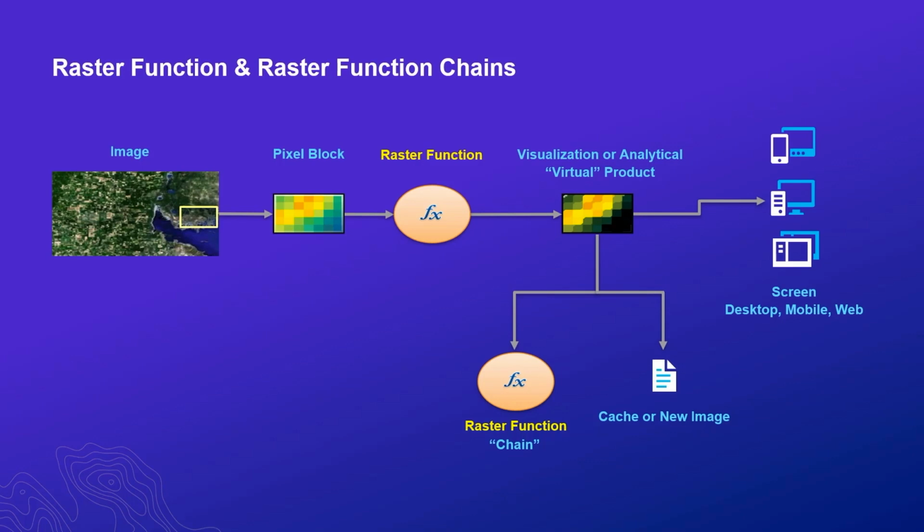You can look at that information on your desktop, tablet, or your browser, whatever you are using, right? You can also apply a function chain which will work together to produce the new information. You can also cache and look at a new image and stuff like that.